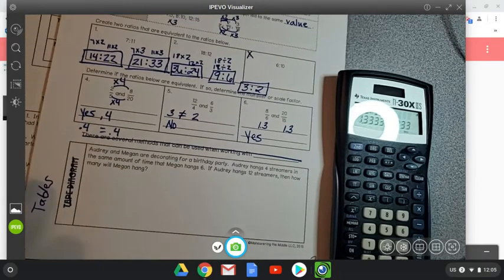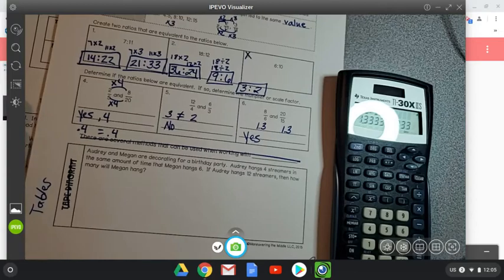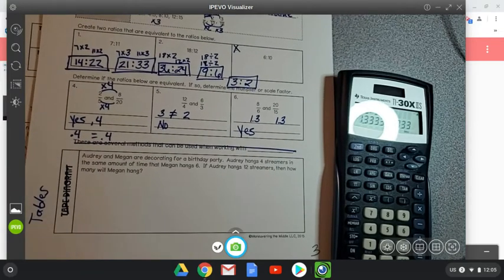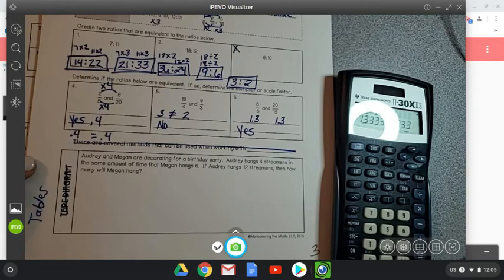Okay? All right. This first one, Audrey and Megan are decorating for a birthday party. Audrey hangs 4 streamers in the same amount of time that Megan hangs 6. If Audrey hangs 12 streamers, then how many will Megan hang? All right, so the first thing we need to do is make a table with Audrey and Megan.